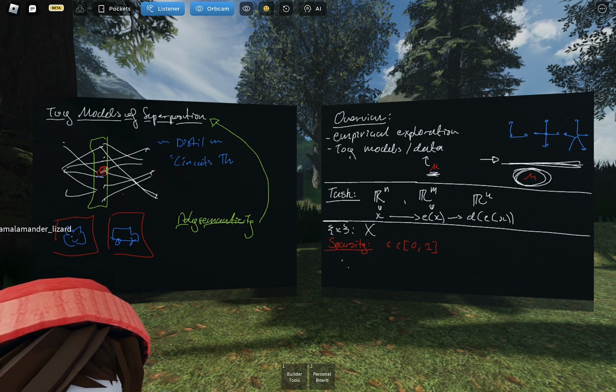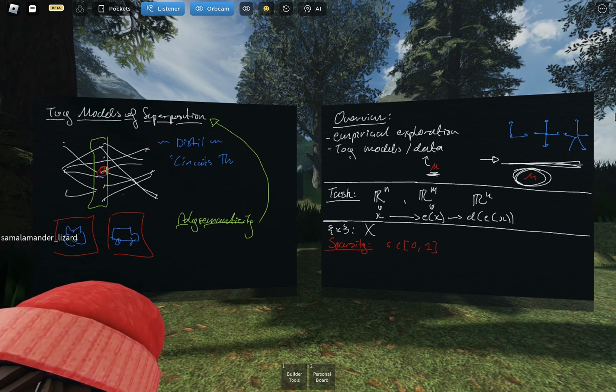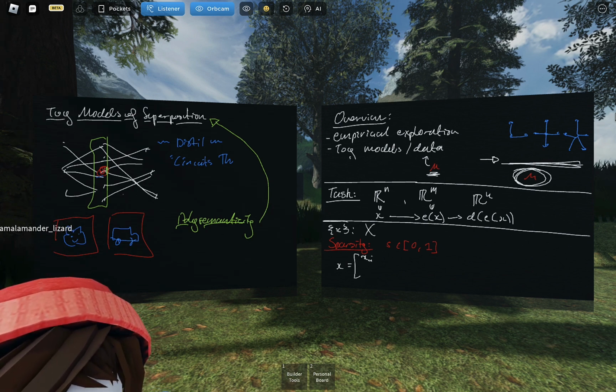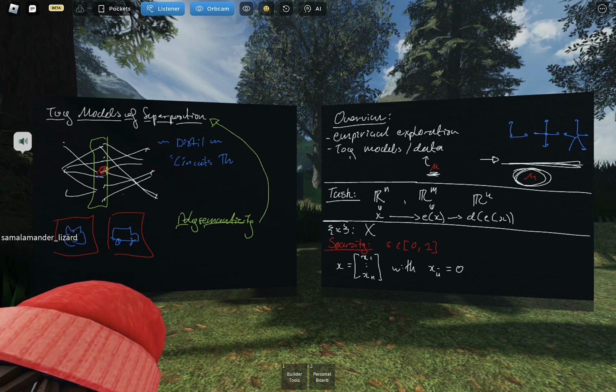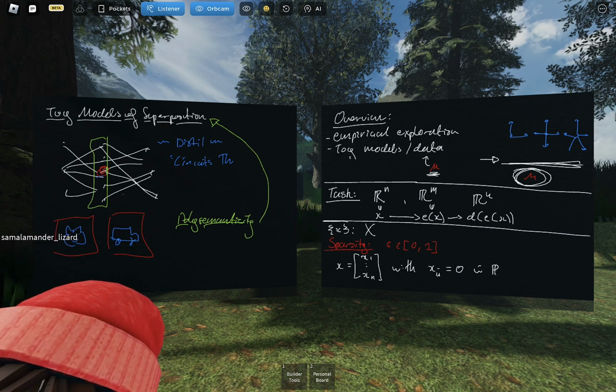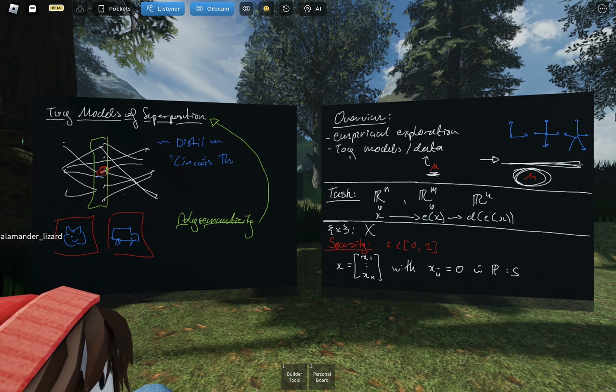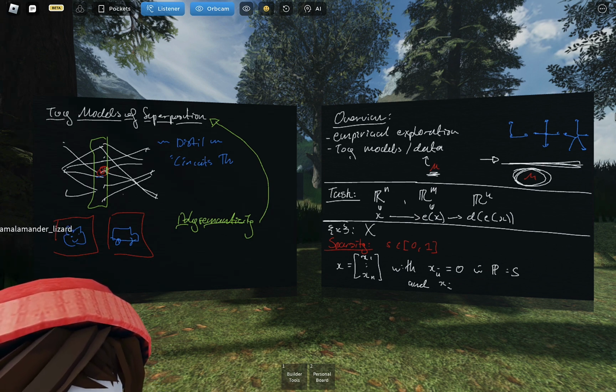Yes, with each component equal to 0 with probability s, and xi drawn from the uniform distribution on 0, 1 otherwise.